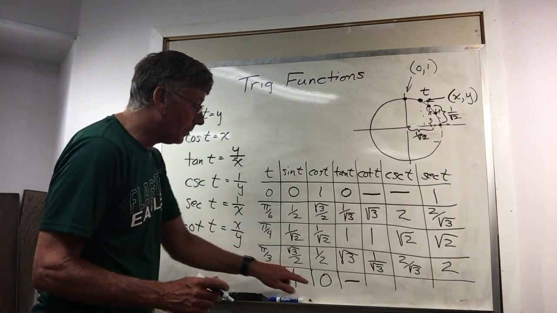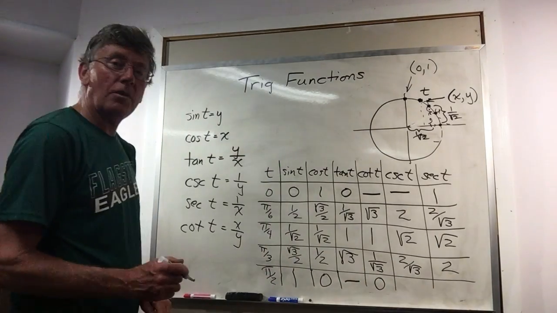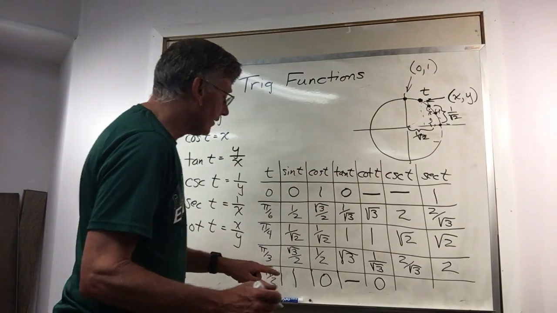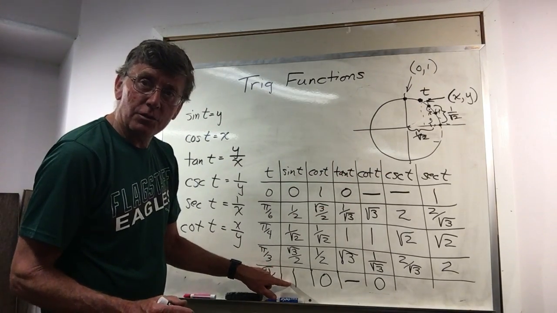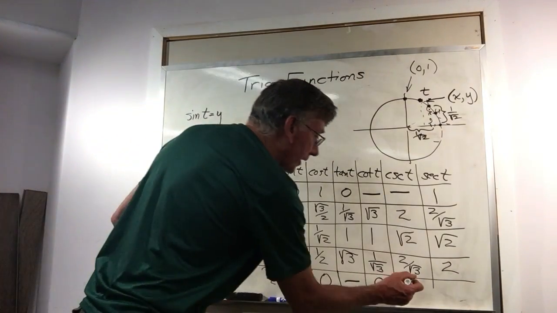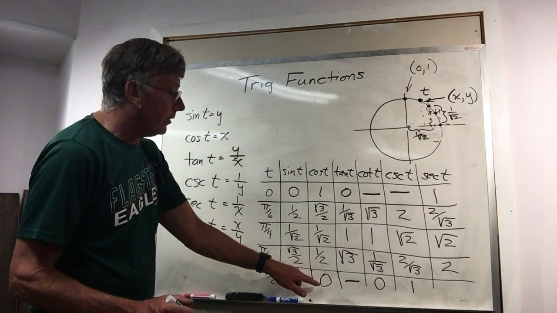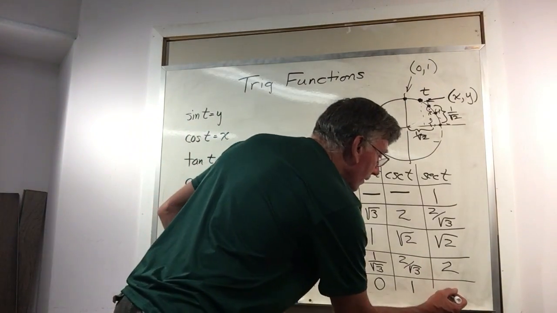Cotangent, however, is going to be 0 divided by 1. That's 0. No problem. Cosecant is going to be 1 over the y value, which is 1 over 1, which is 1. And the secant is going to be 1 over 0, which is undefined.